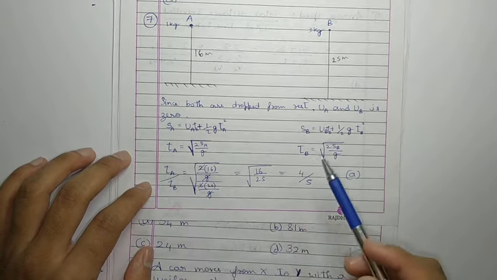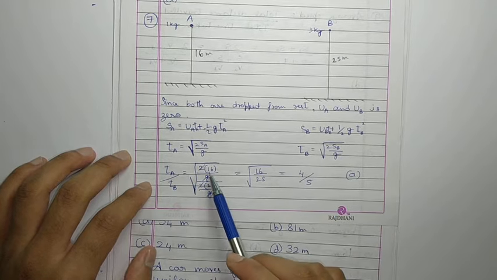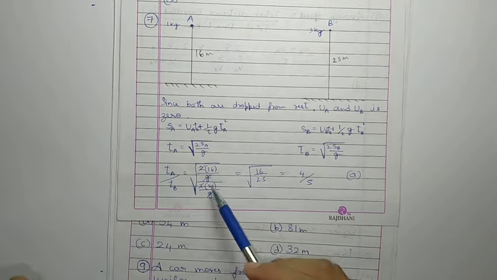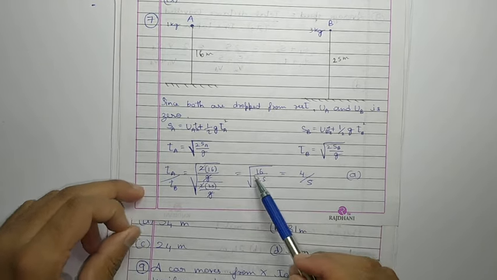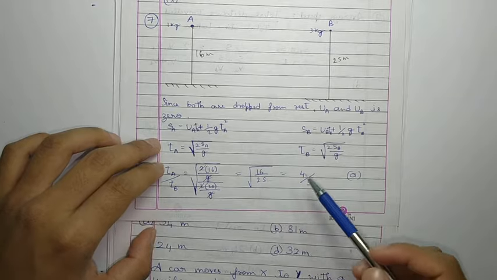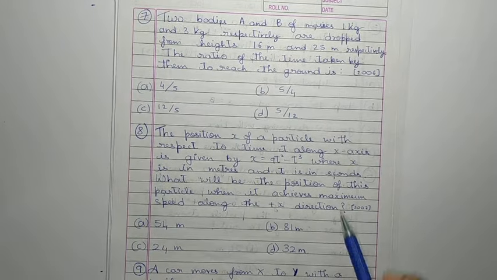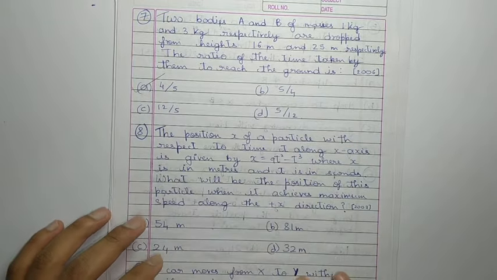If we divide t_A by t_B, we get √((2 × 16/g)/(2 × 25/g)). We substitute the distance here. Therefore we get √(16/25), which is equal to 4/5. So the ratio of time is option A, 4/5.